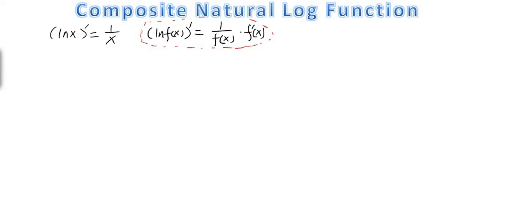Let's take a look at the first example: ln of x squared plus 2, and find the derivative of this. So the first step, we need to identify what is f(x), because we want to follow this formula.